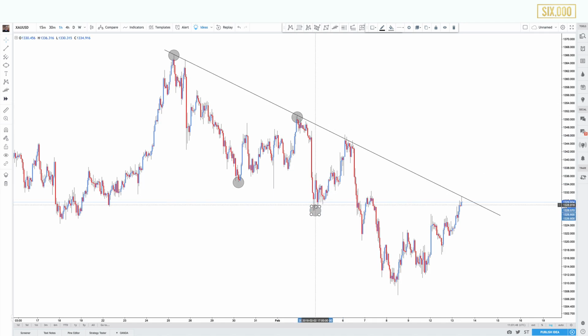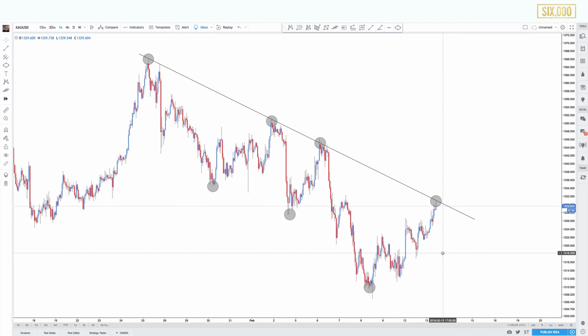Got a lower low. So again, in a downtrending situation, you are looking for lower highs, lower lows. So again, we've got a lower low down here, and we can see the lower high was actually at the trend line. So you can see this is a very good way to predict where price is going to go in the future.